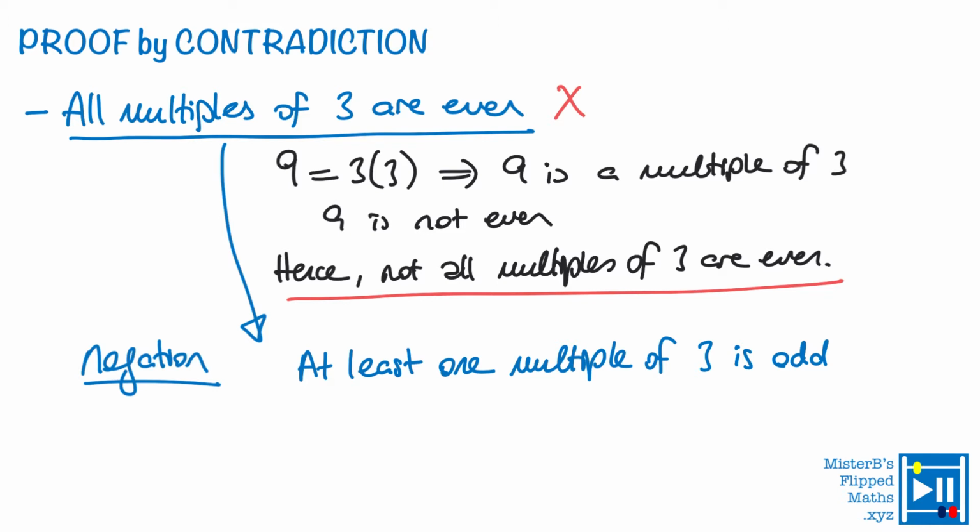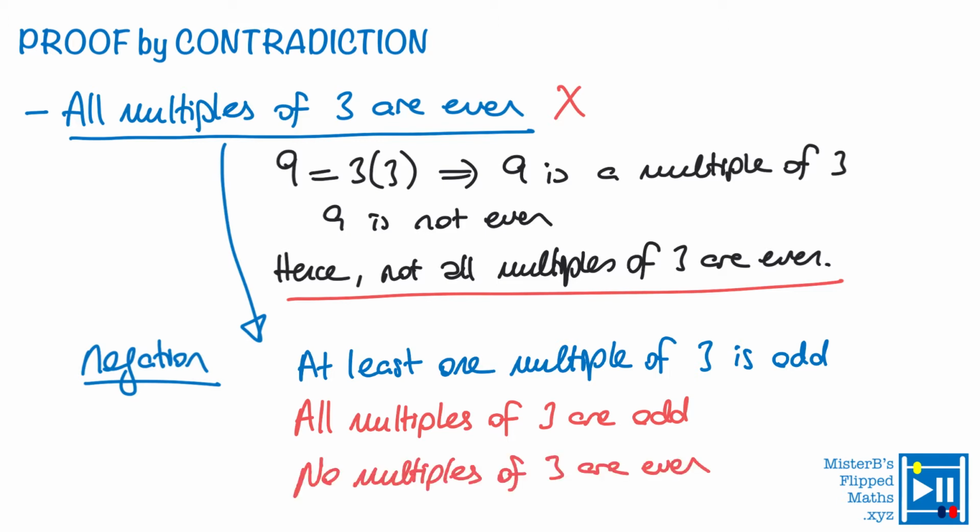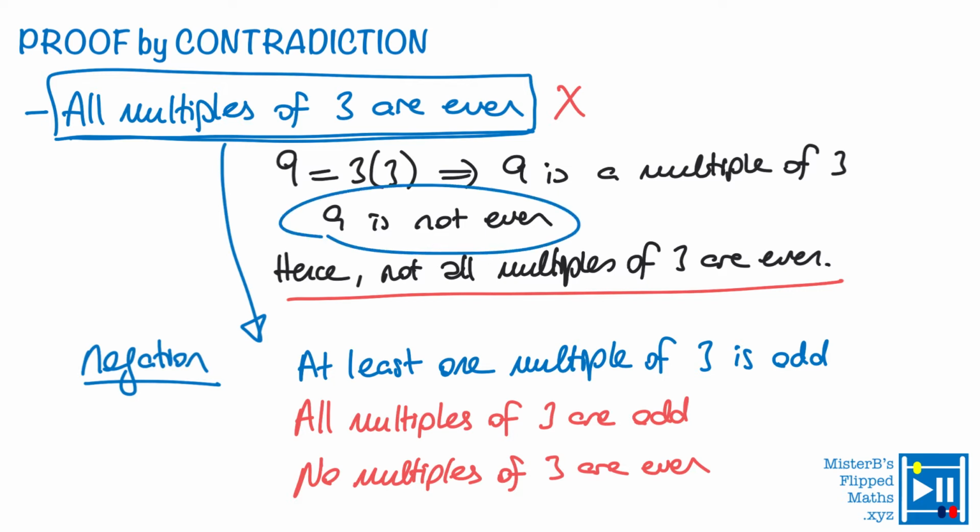It is quite tempting to state, though, that all multiples of 3 are odd or no multiples of 3 are even, which are basically the same thing. But the problem is that we are just looking at the possibility whether all multiples of 3 are even. So even if we have only one multiple of 3 which is not even, we're good.